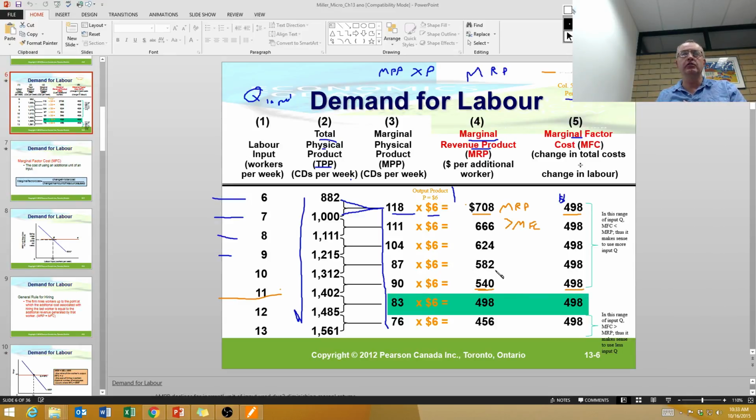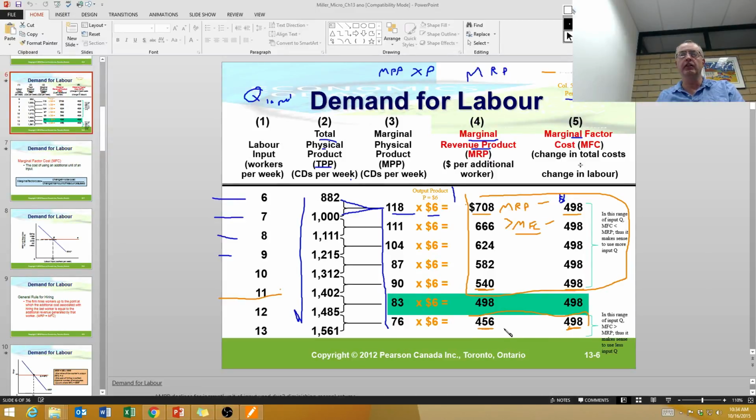So when our number of units of input is less than 12, our marginal revenue product is greater than our marginal factor cost, so we can justify hiring additional units of input because it's going to increase our bottom line. And when we hire more than 12 units, we see that our marginal factor cost exceeds our marginal revenue product.